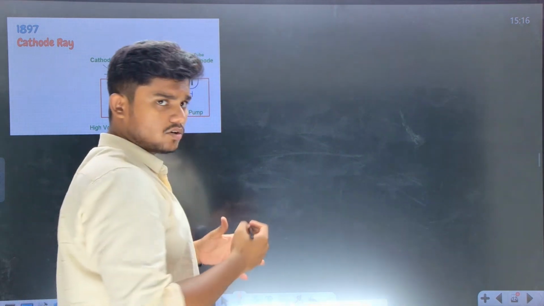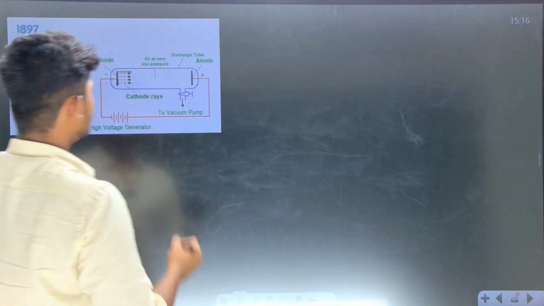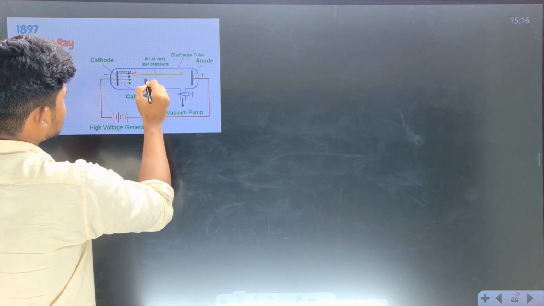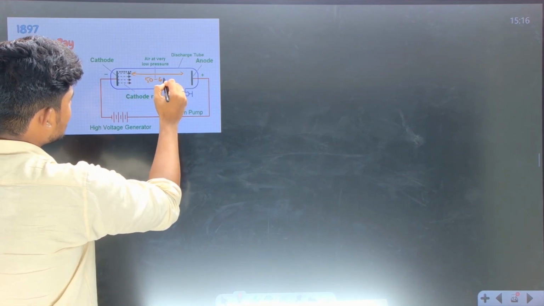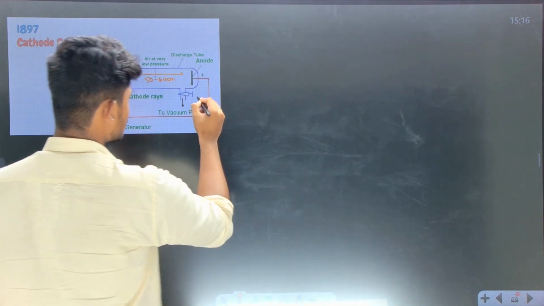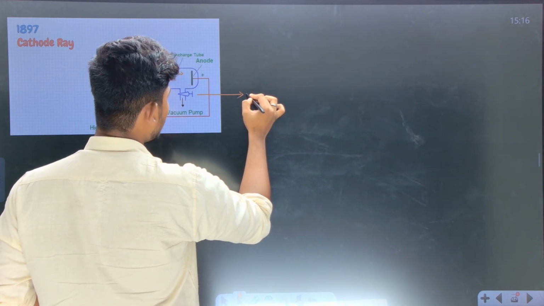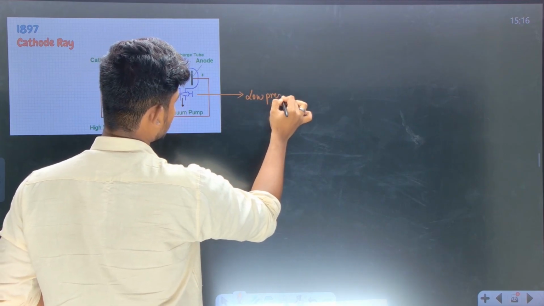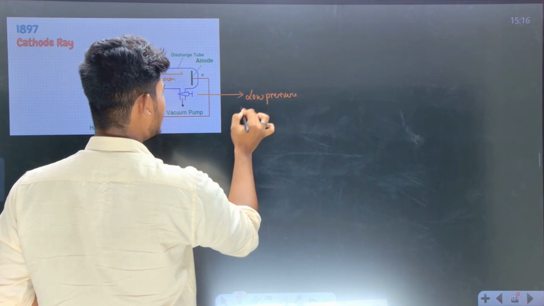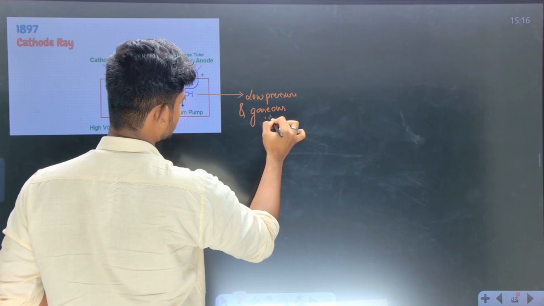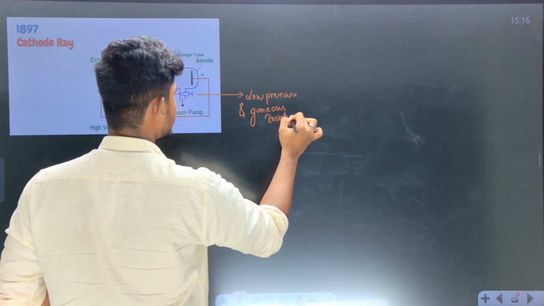To decode his experimental setup, he chose a glass tube, a discharge tube, around 50 to 60 centimeters long, and with the help of a vacuum pump he created low pressure and some gaseous residue in the discharge tube.